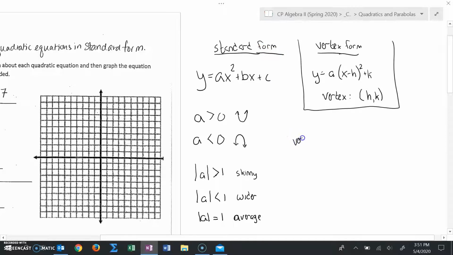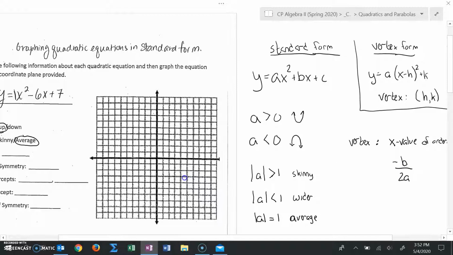So to find the vertex in standard form, you first find the x part of the ordered pair by doing the opposite of b over 2a.